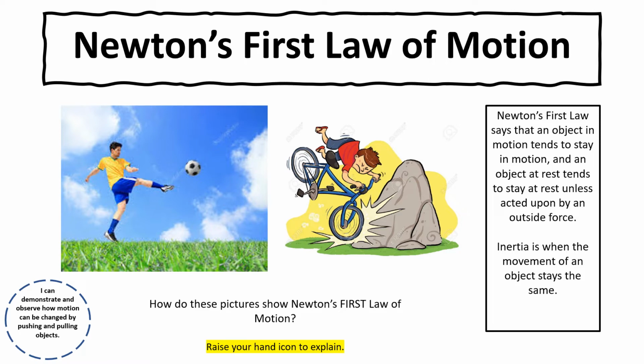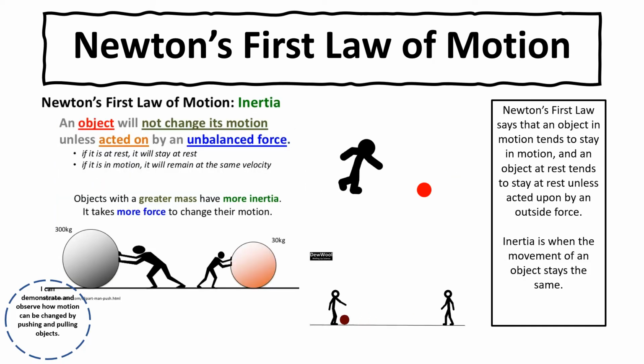You have one that is moving and you have one that is at rest. Newton's first law of motion says that an object in motion tends to stay in motion and that an object at rest tends to stay at rest. So Newton's first law of motion, inertia, means an object will not change its motion unless acted upon by an unbalanced force.